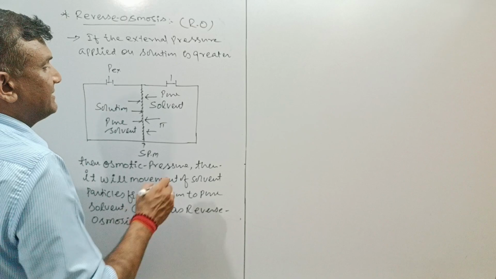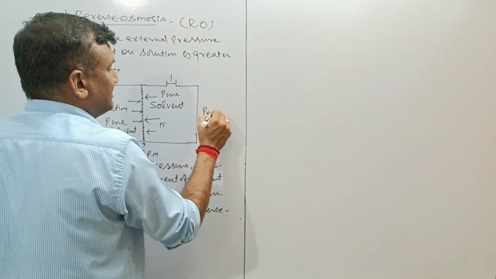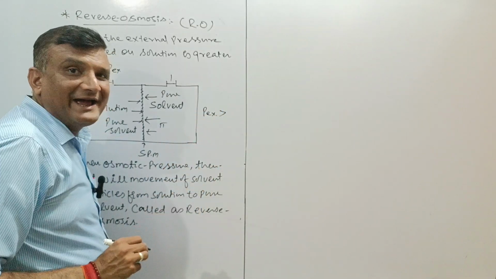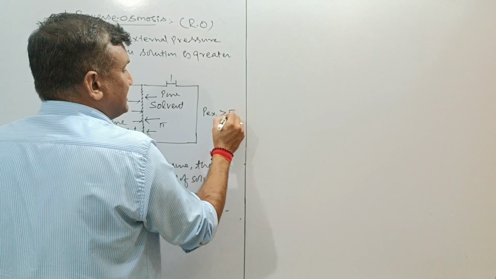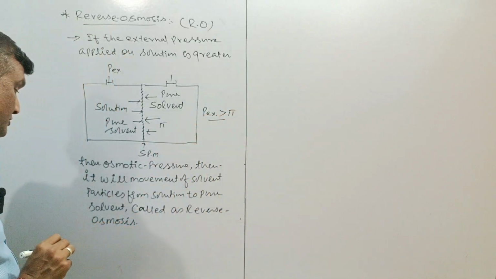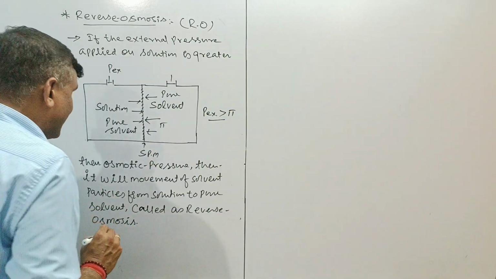But remember one thing, here P external should be higher than the osmotic pressure. So this is called reverse osmosis or RO.